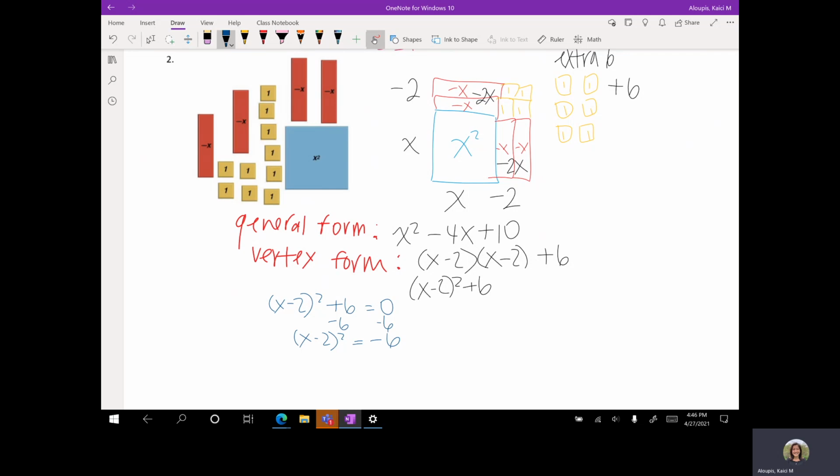What's going to happen is I need to take the square root of both sides, to get rid of my squared function there. And I get x minus 2 is equal to whatever the square root of negative 6 is.